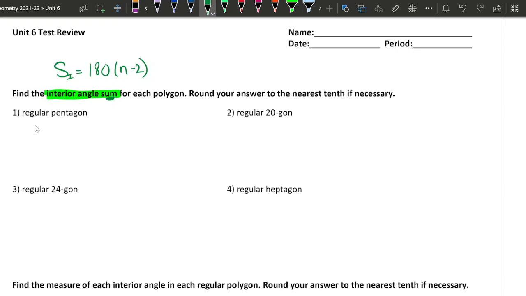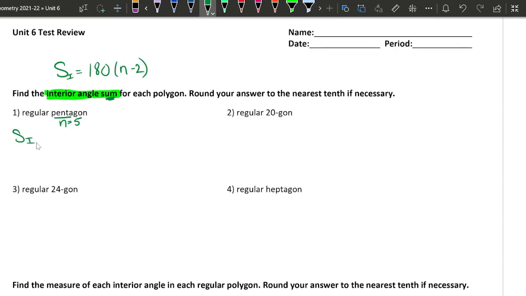All right, so a regular pentagon. So if we have a pentagon, penta tells us that n equals 5. Pentagon has 5 sides, so n equals 5.